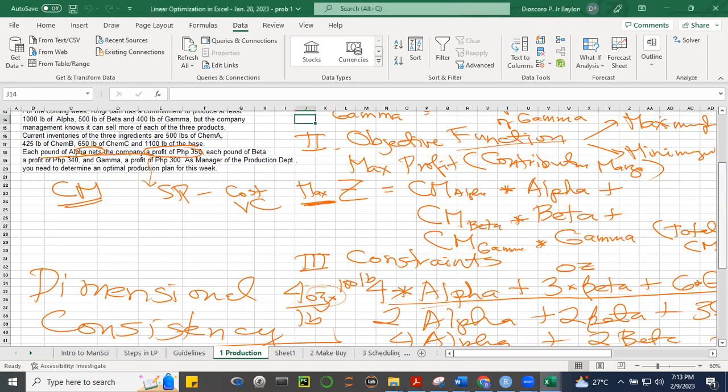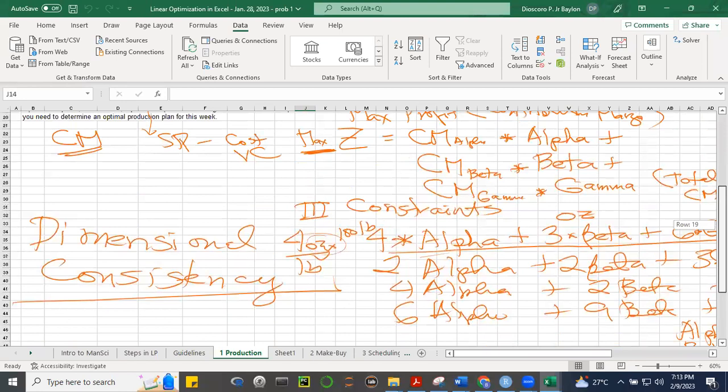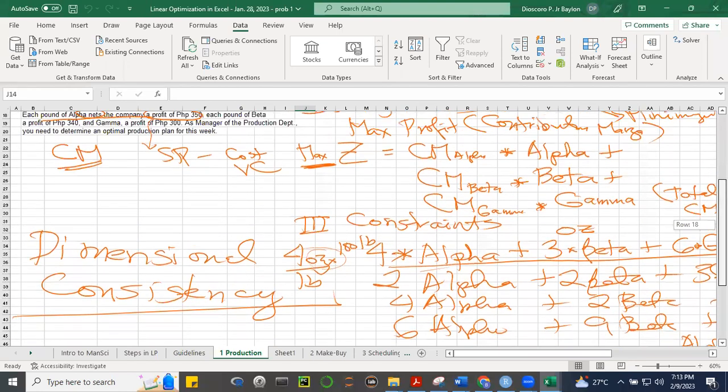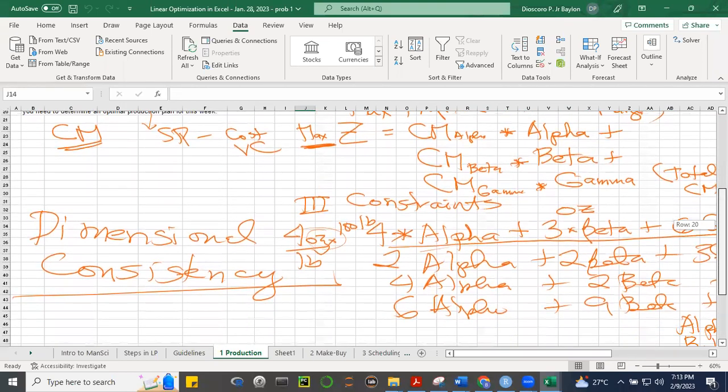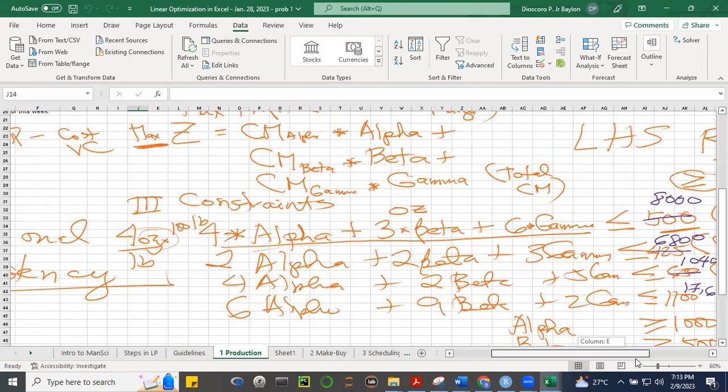Okay, and then normally we will be having certain constraints as regards raw materials available, as regards maybe factory hours or machine hours or employee hours, or maybe the demand for the product.